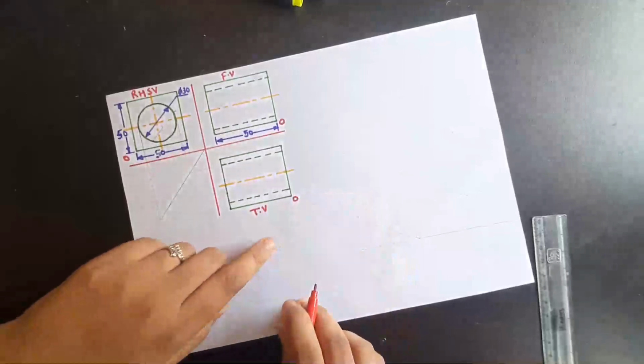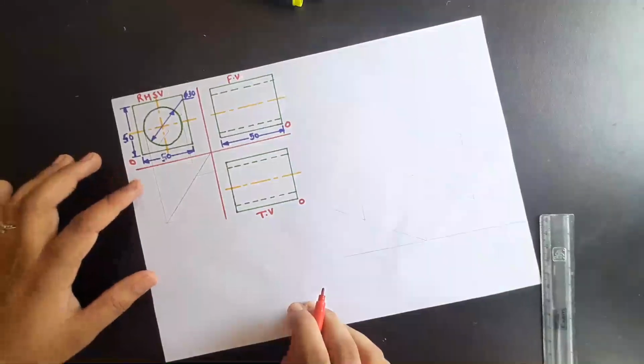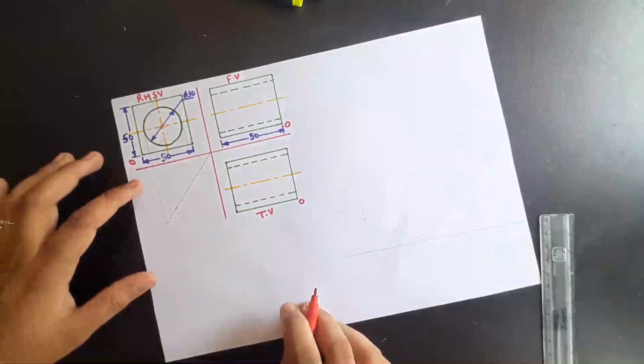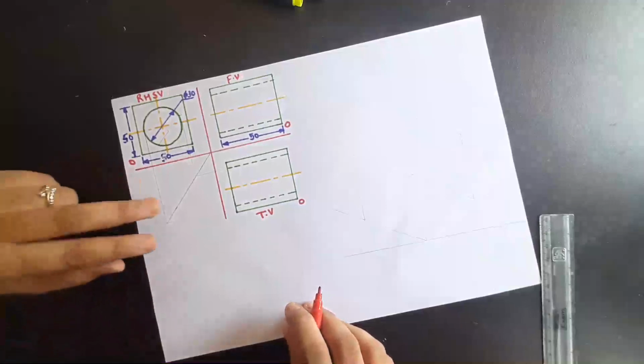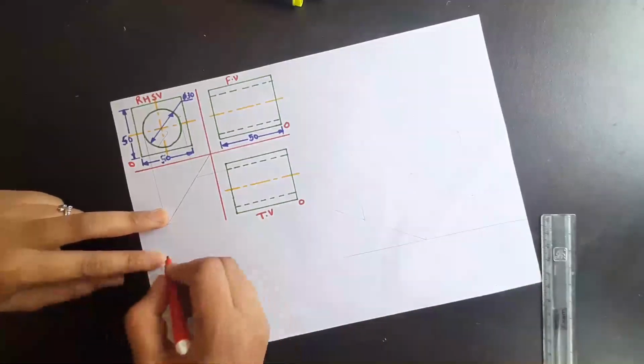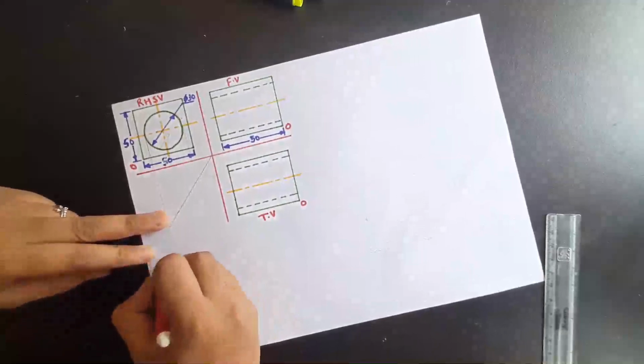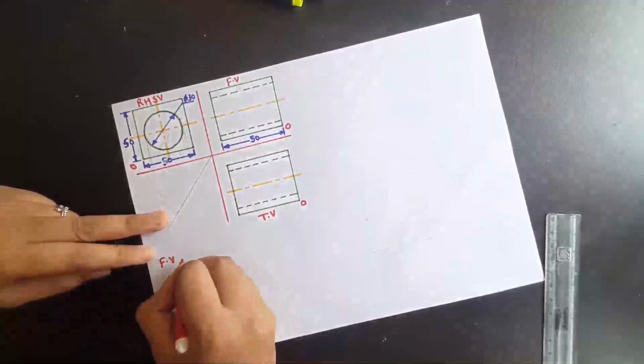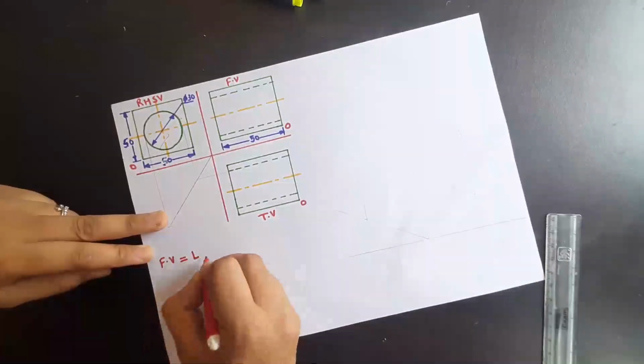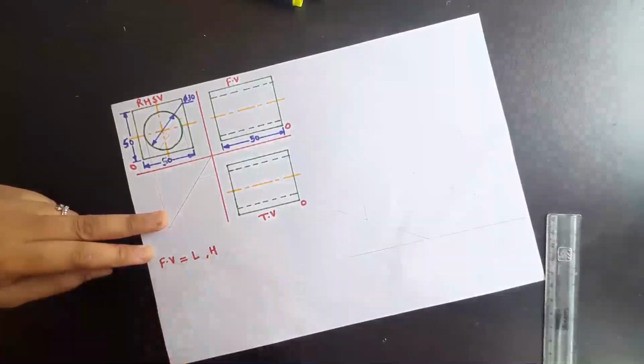Now once we have found the origin, we must find the maximum dimension of this figure. To understand this, we must know a few basic things: in the front view, length and height will be visible.